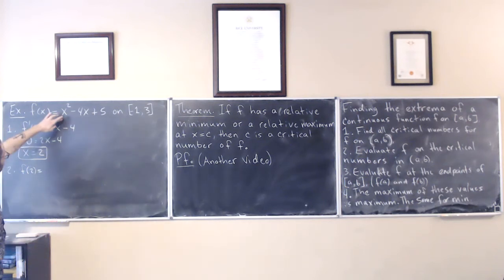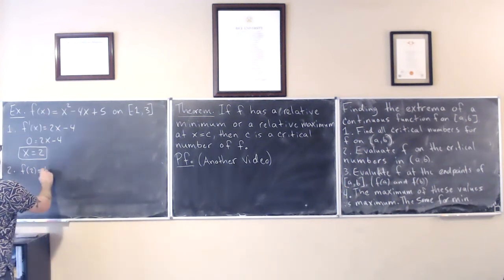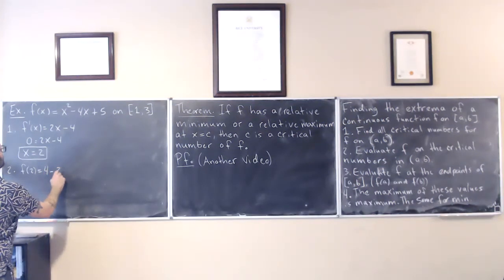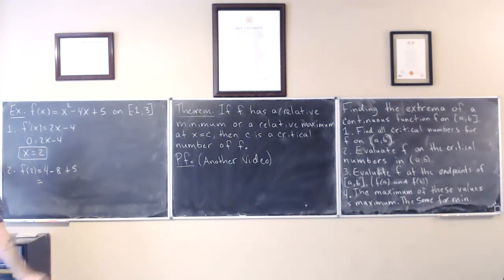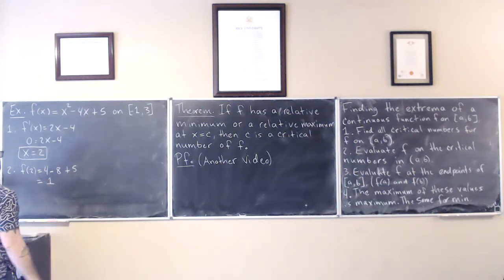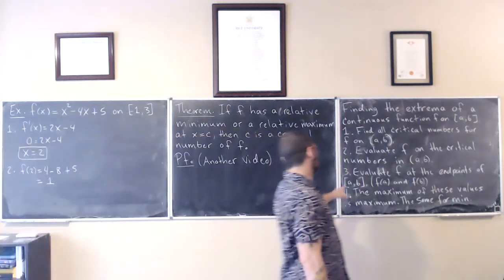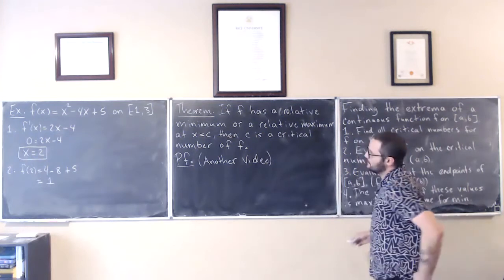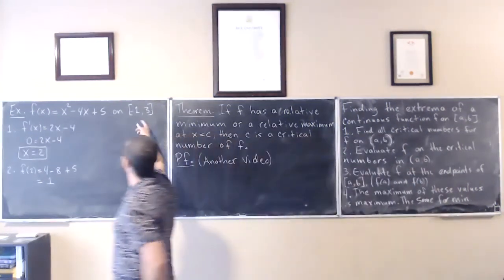What is that? 4 minus 8 plus 5. So what is that? 1. Okay. Then step 3, we're going to evaluate f at the endpoints, -1 and 3.